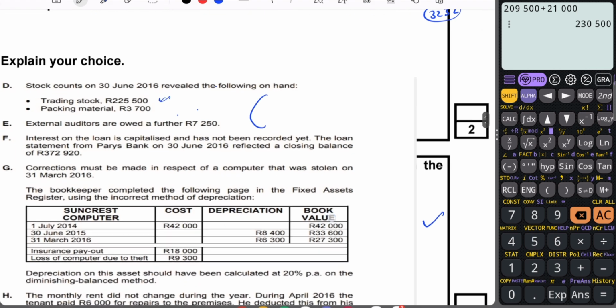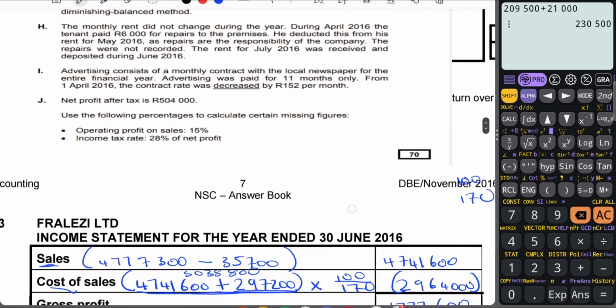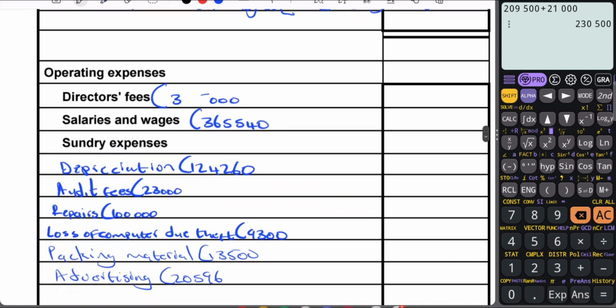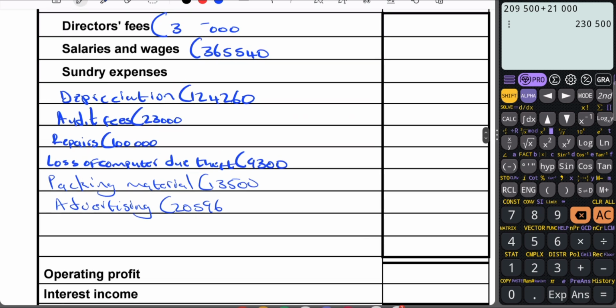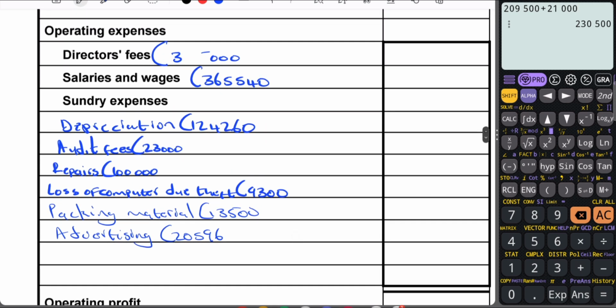Then it goes to loss now. Trading stock not loss, trading stock deficit. Then we go to our other operating expense. We write trading stock deficit. Now we are going to open a bracket. We are going to write the calculation 209,500 plus 21,000.